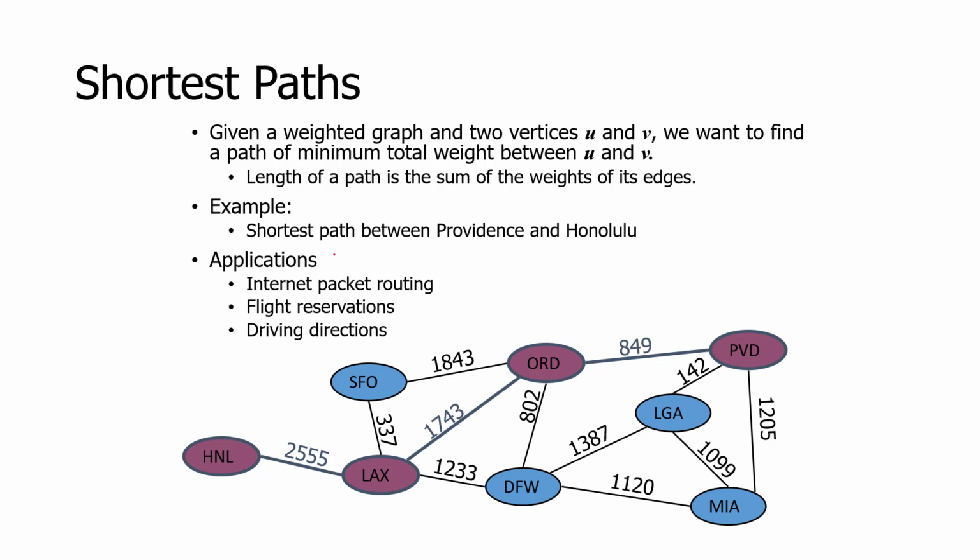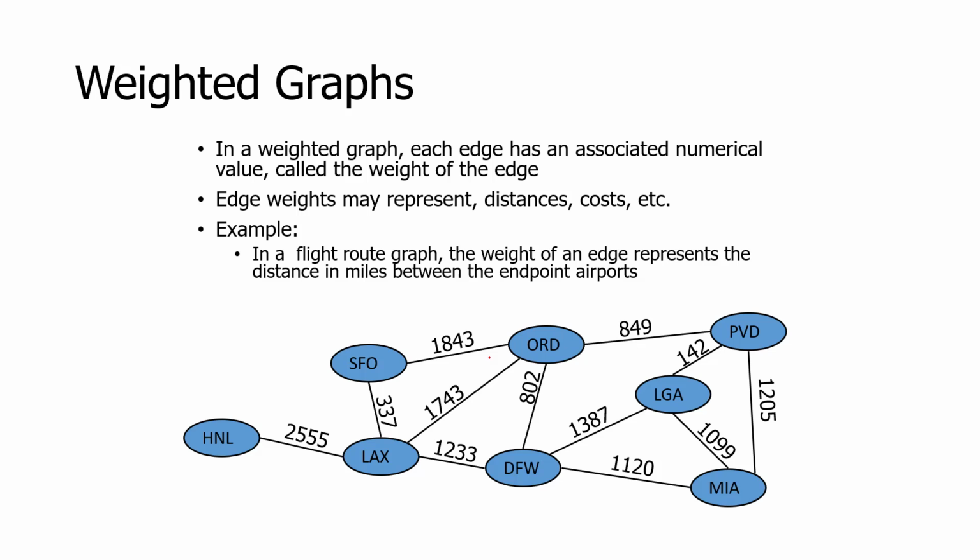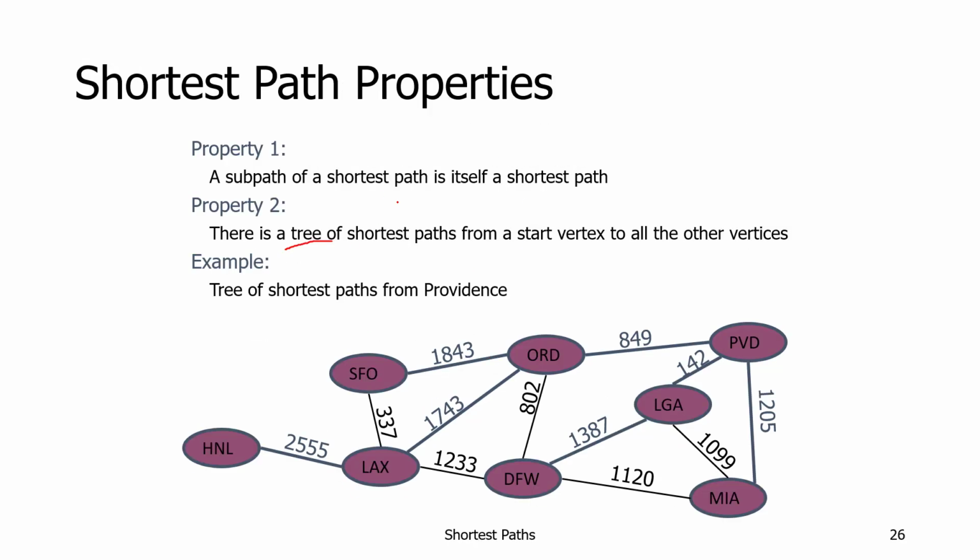We cannot have any path better than this, taking us from Honolulu to Orlando in a smaller distance, because this is the shortest path. So the subpath of this shortest path is also the shortest path between those two destinations. This is the first property.